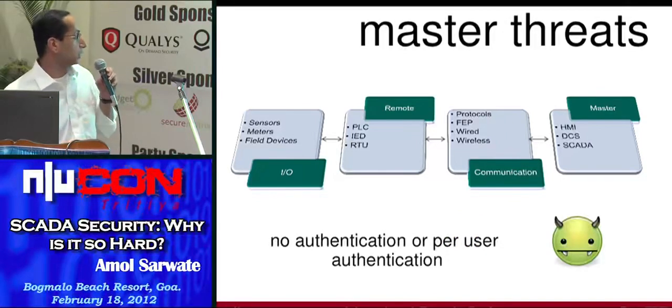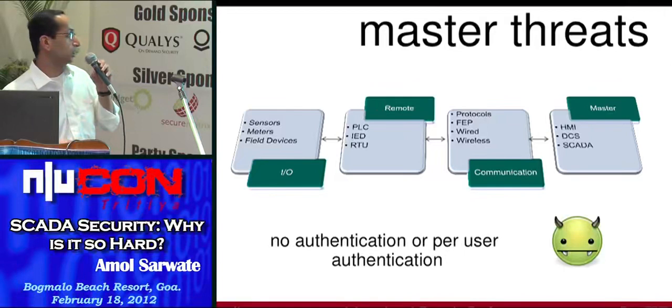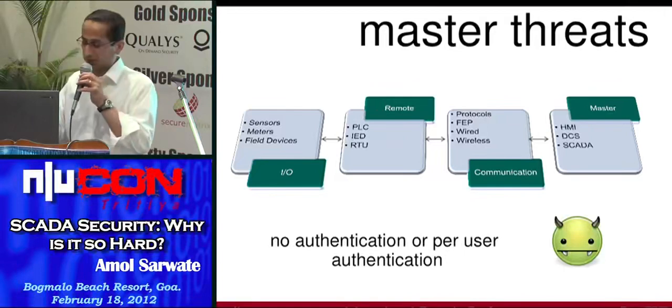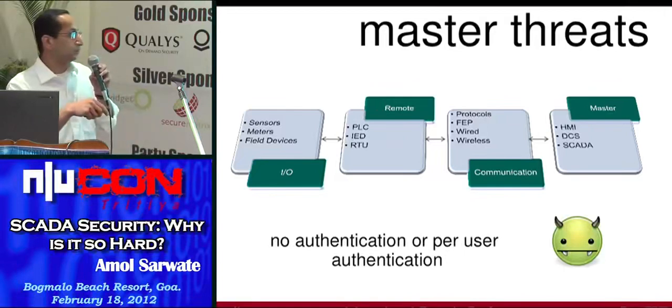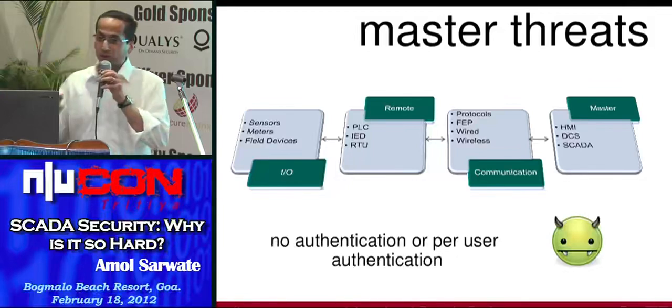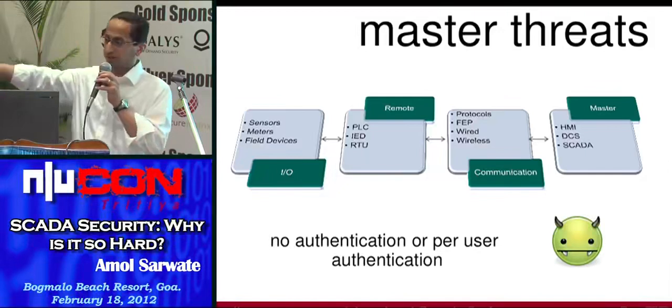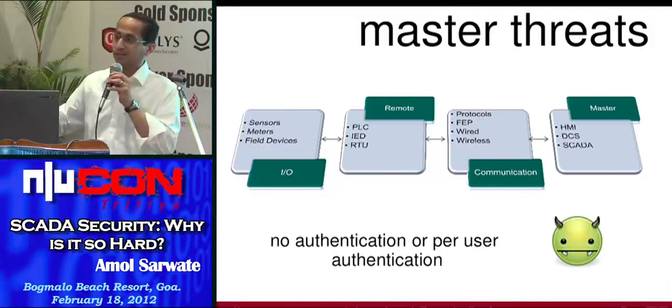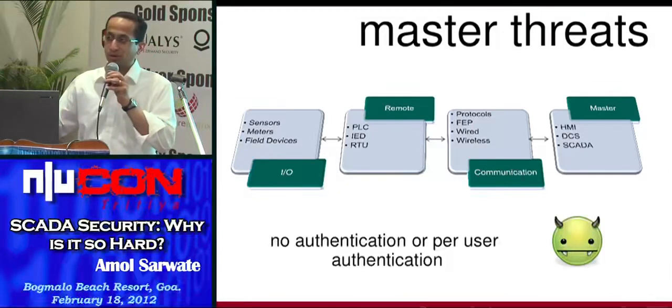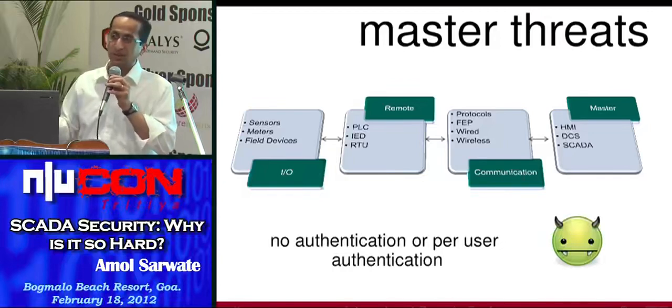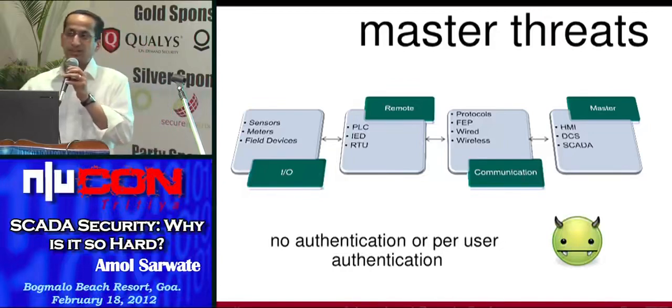This is something that we talked about already, that there is usually no authentication or poor user authentication. The picture that I showed you is usually of a secure facility. When you go in, there are a lot of screens, a lot of buttons. It almost looks like a plane control panel with a lot of buttons and things that you really don't understand. And there is a lot of physical security outside.